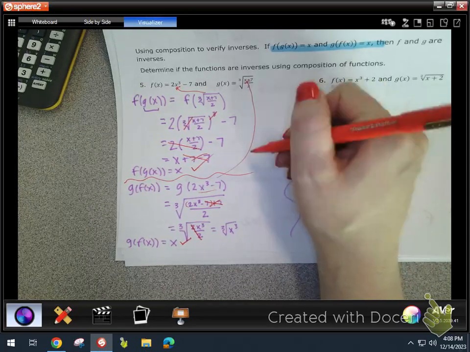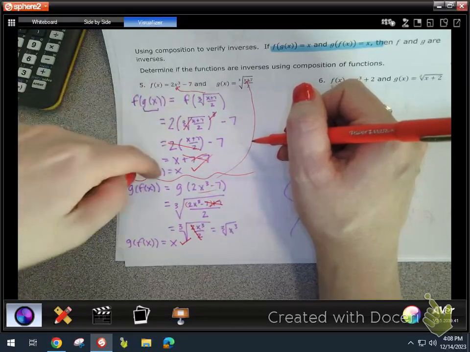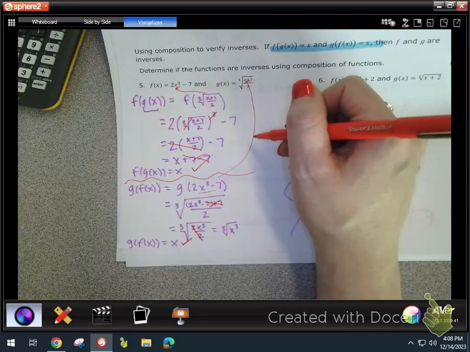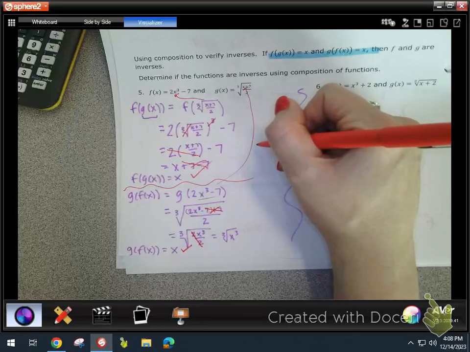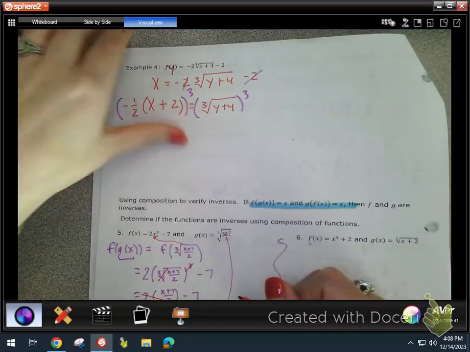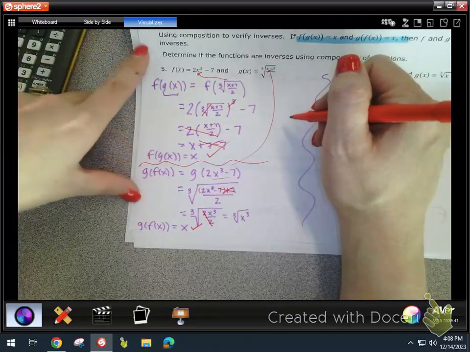With these types of problems, I don't want you actually finding the inverse. Because these are compositions, I want you telling me that they're inverses. So I shouldn't have any negative 1. Is it possible to find the inverse? Yeah, if I just said find the inverse, you could do that. But if I'm saying check with compositions, then you best be checking with compositions.